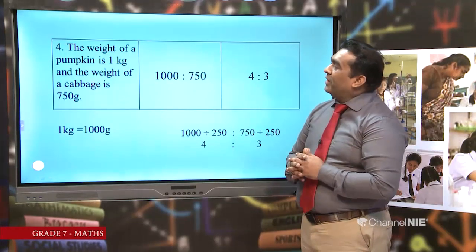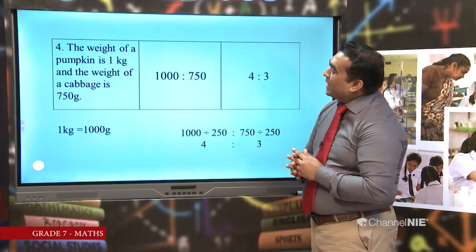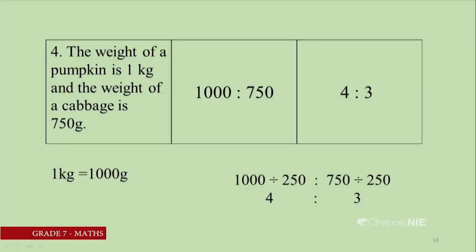The weight of a pumpkin is 1 kilogram and the weight of a cabbage is 750 grams. Different units. According to our definition, you must have the same unit. Therefore, you have to convert 1 kilogram into grams. As a result, 1000 grams.